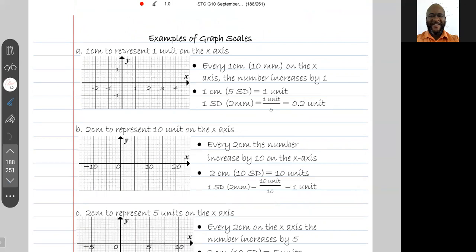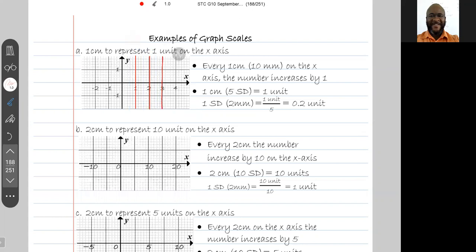So recapping a little, guys, these are my major grid lines. And my major grid lines are 1 centimeter intervals. So this is one major grid line, and here is another one.